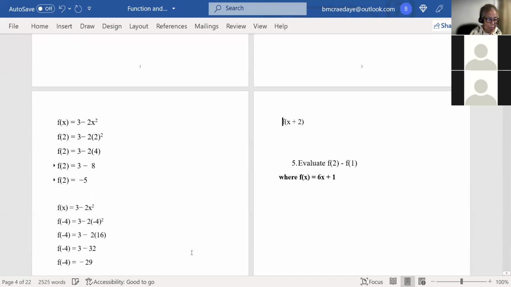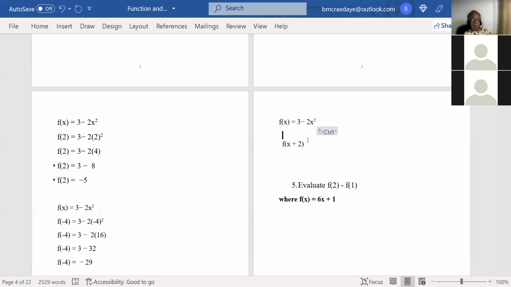So let's go back. Here's our f of X. Let me copy that. And you substitute. So wherever you see an X, put X plus 2. Plug that in. And that means you're going to square that X plus 2.